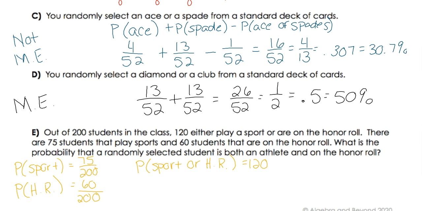Because there's got to be some in both categories. So what we're trying to figure out in this case is we know the answer basically, like we've done in the problems before. So we know that there are 120 students out of 200 that are the either or category. What we need to figure out is the probability of the overlap.